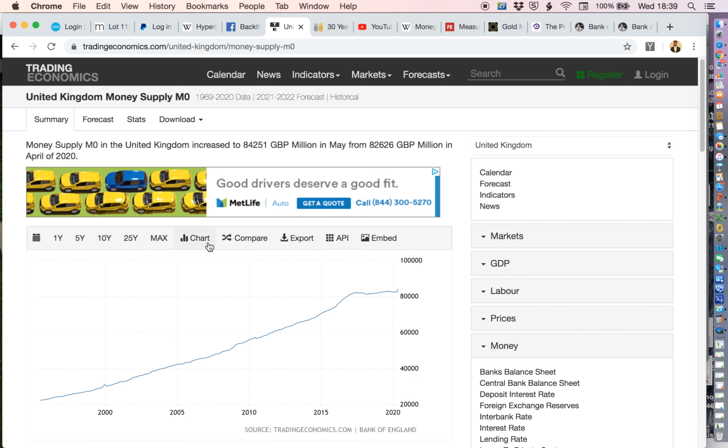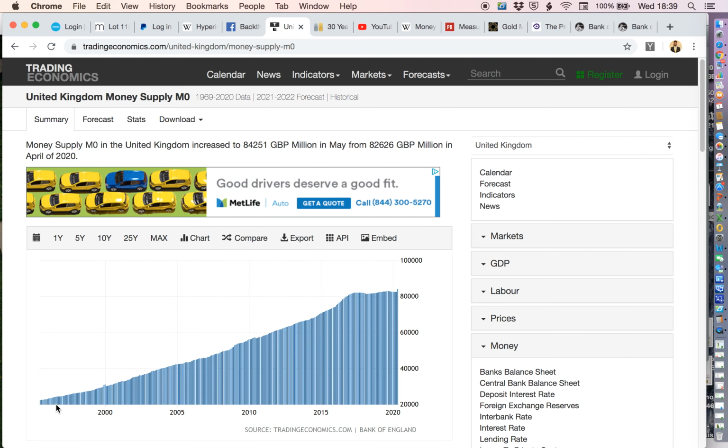Now, let's have a look at the chart. You can see that as far back as it goes on Trading Economics, it's pretty much gone from 20,000 million to 80,000 million. I will point something out in a bit concerning a film I watched called 3% Owned, but I will explain it later on.